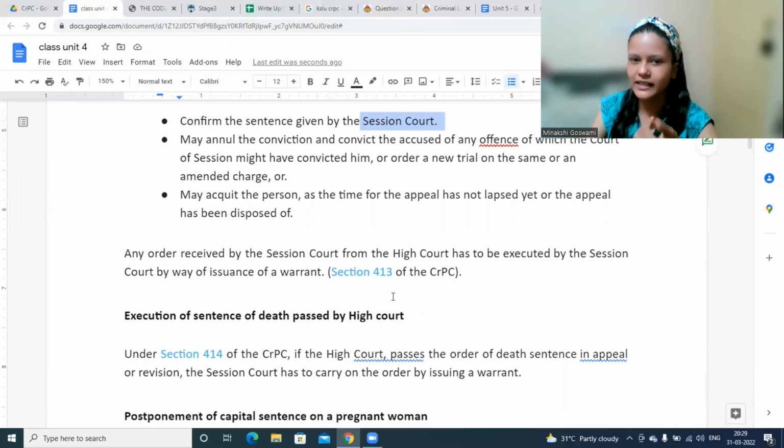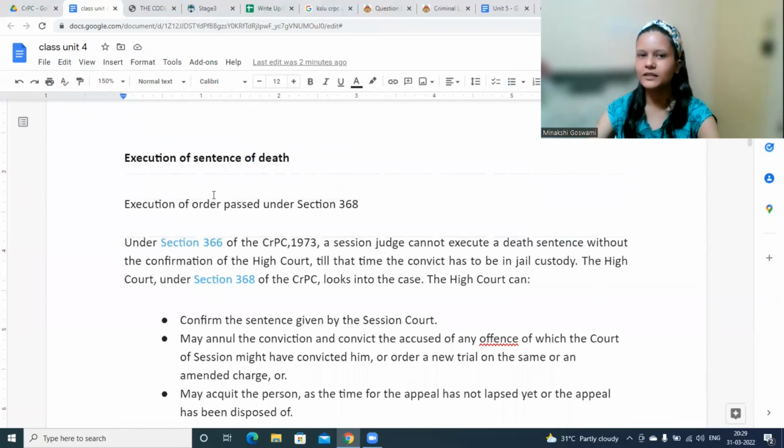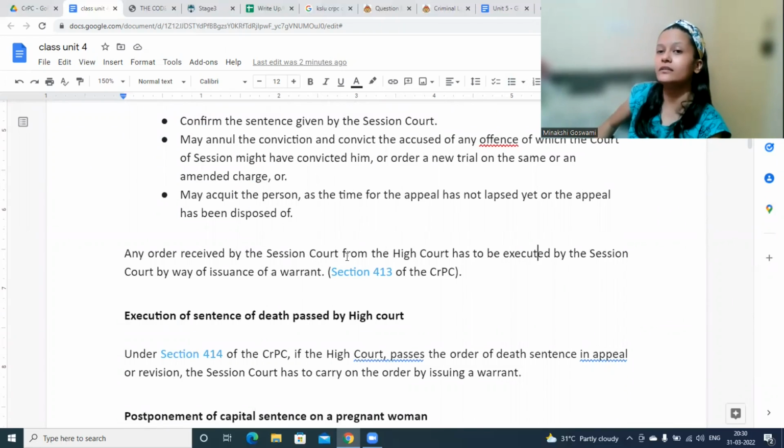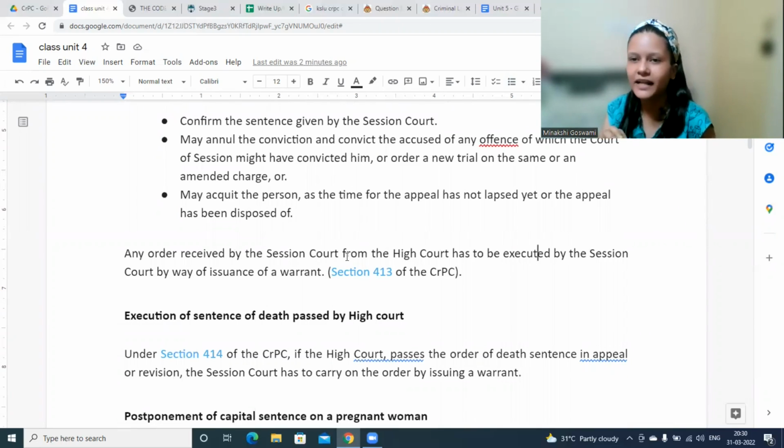If the High Court also feels that the death penalty should be given, it can order the Sessions Court to execute it by issuance of a warrant that this is finalized. You can get it done. So Sessions Court cannot straight away execute it. It can give the death penalty, but it needs confirmation from the High Court as well.